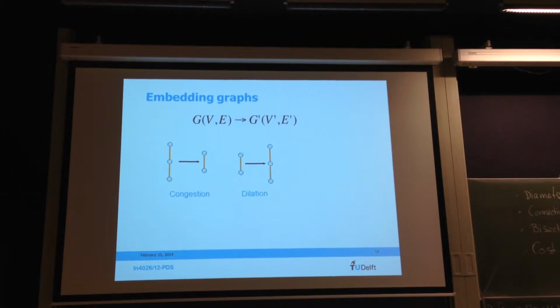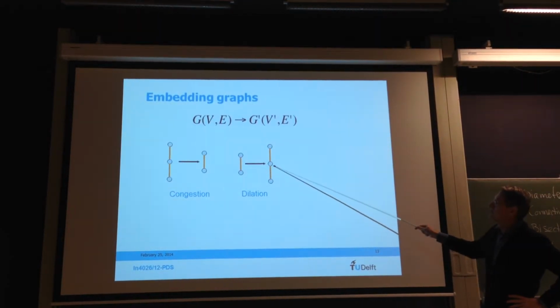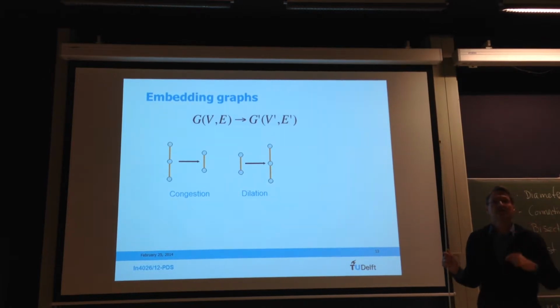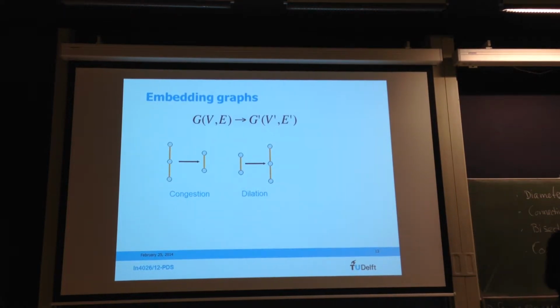I also might have this case in the mapping that I have a single line in the source graph, but I have to split it in two consecutive lines in the destination graph, and then we talk about dilation in graph sense. And that happens less in our problem.